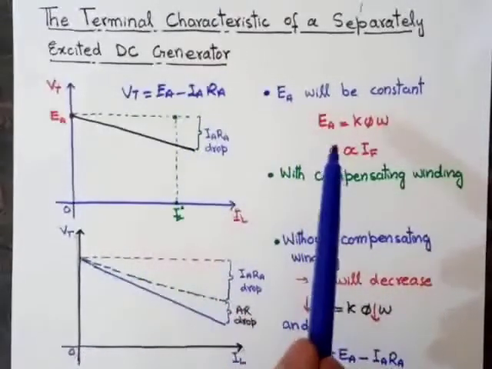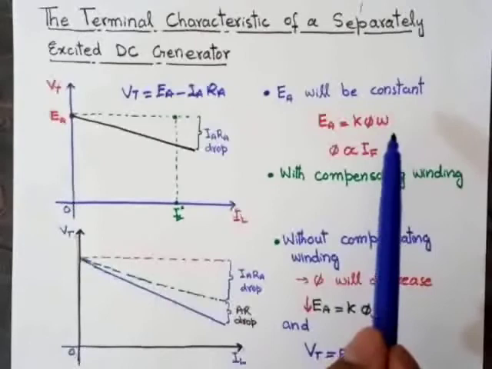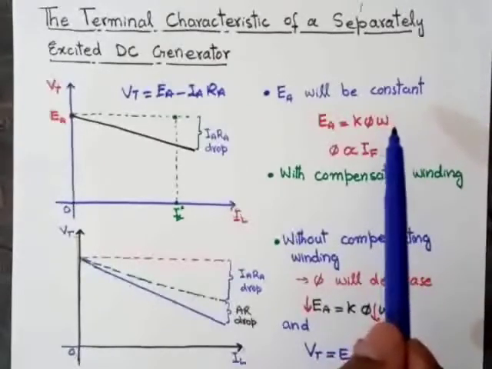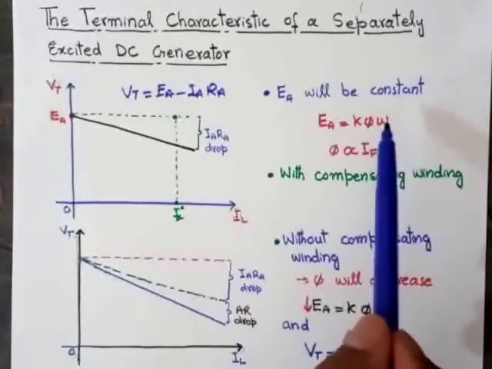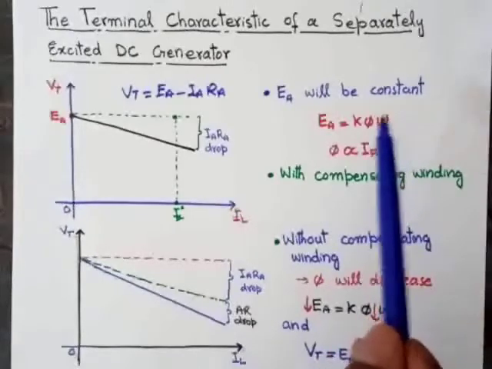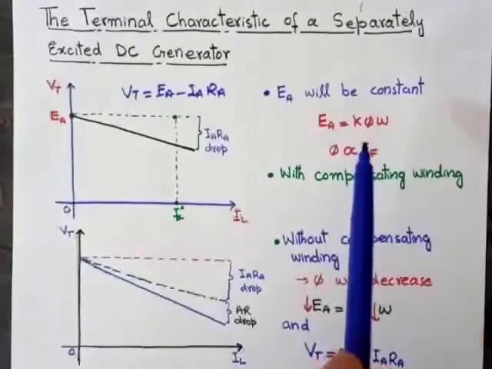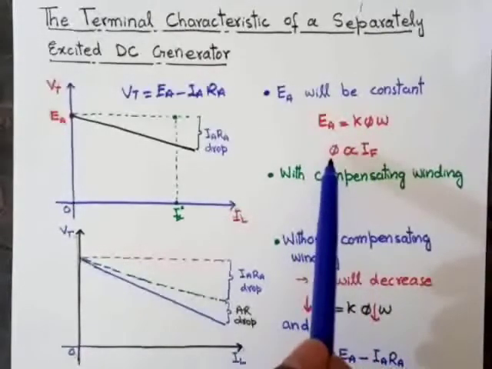As we know, Ea is equal to K phi into omega. As we have already discussed, we will assume the speed of the generator is constant, and the relationship between the flux and the field current is directly proportional.